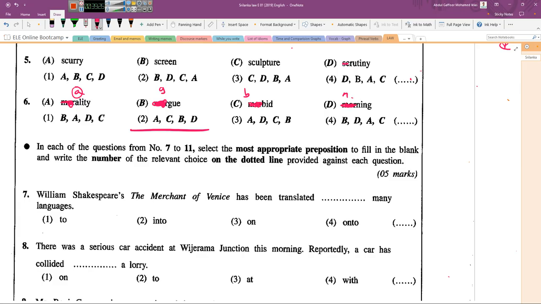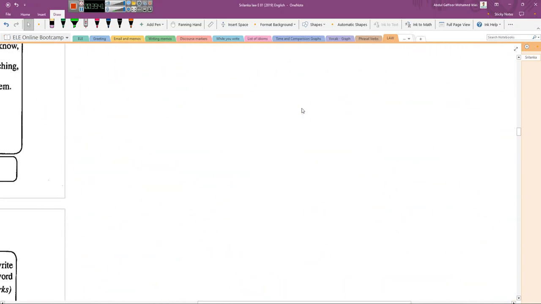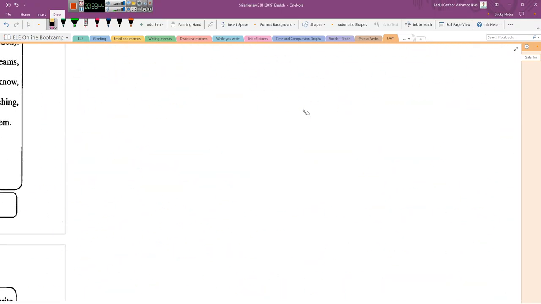So the words that we have to study today are mortality, morgue, and morbid, right? Mortality, morgue, and morbid.